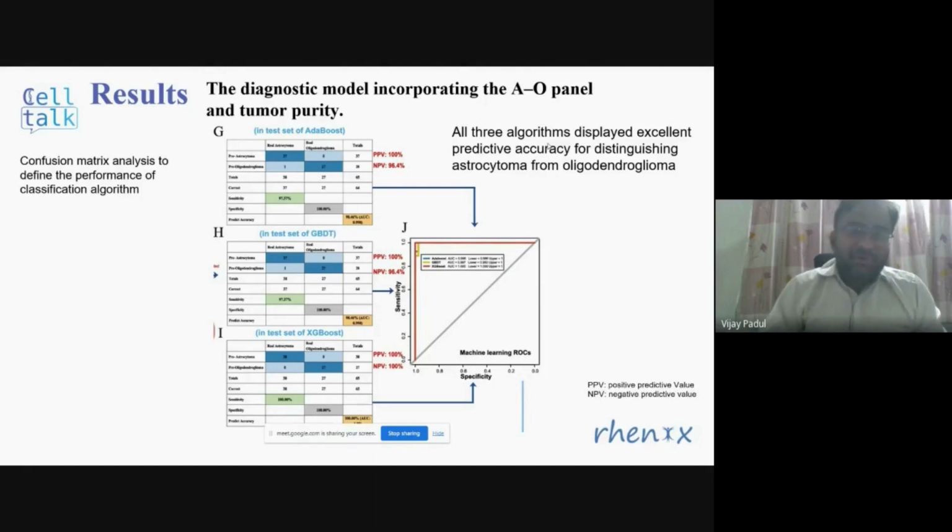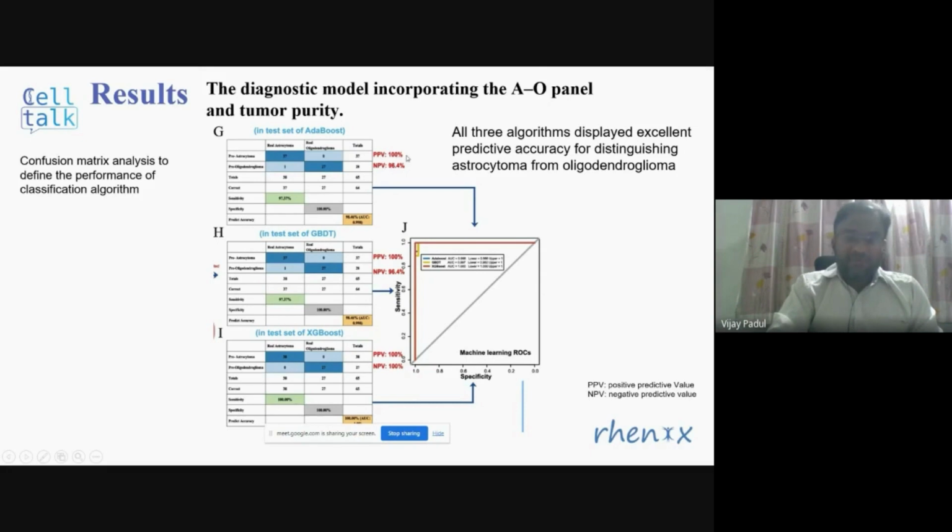In order to study that, they created confusion matrix analysis by using different statistical methods such as ADAPT-boost, GBDT, XGBoost, etc. And all of these three methods performed very well. So this is the positive predictive value and negative predictive value.